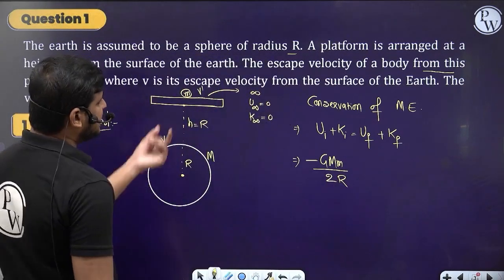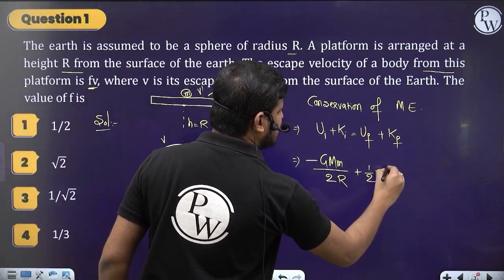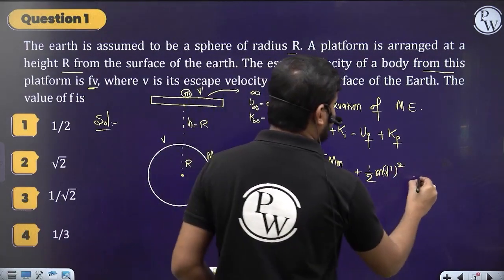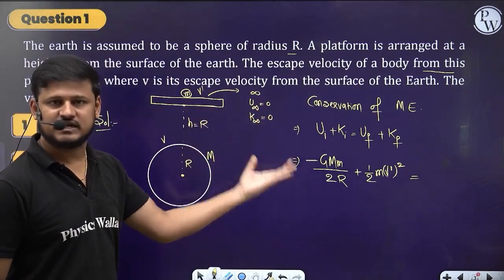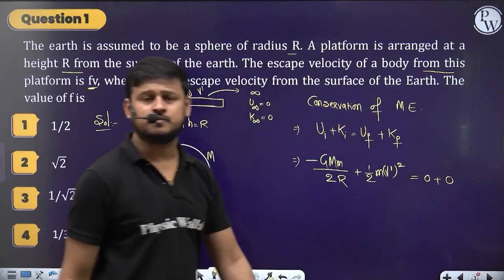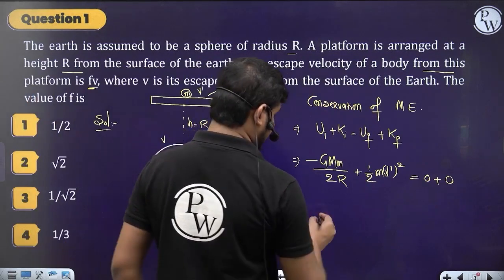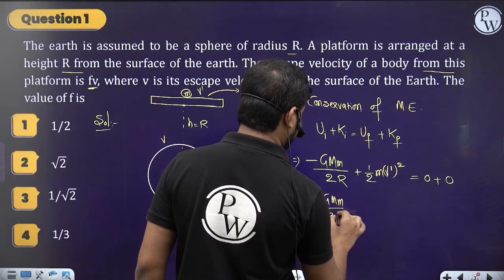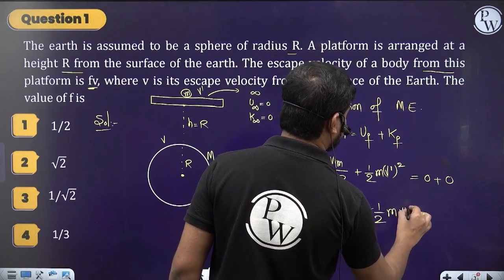Then the initial kinetic energy, you are throwing it with, is half m V dash square. Finally it's reaching some point at infinity, escaping the gravitational field of the earth, so the final potential energy is 0 and the final kinetic energy is 0. Now you can simply substitute. I can write minus GMm by 2R is equal to minus half m V dash square.